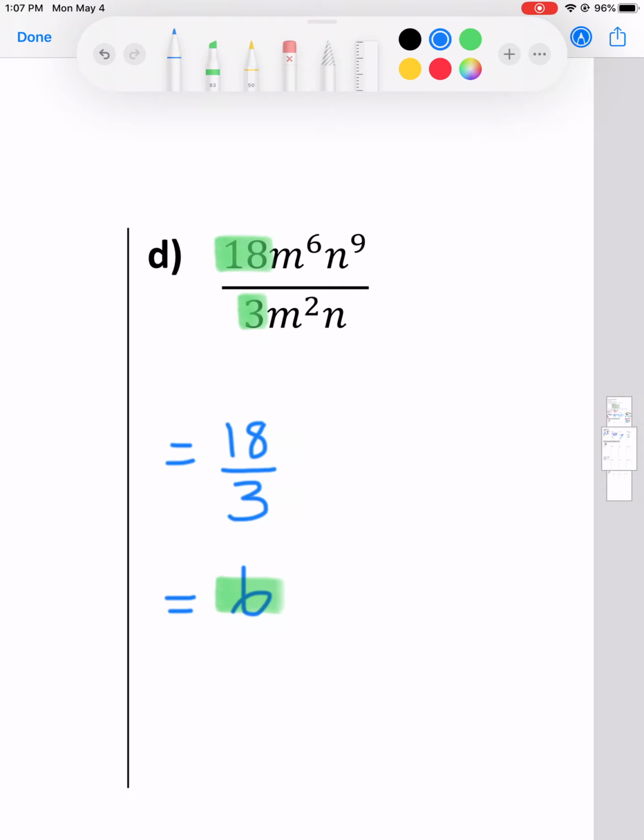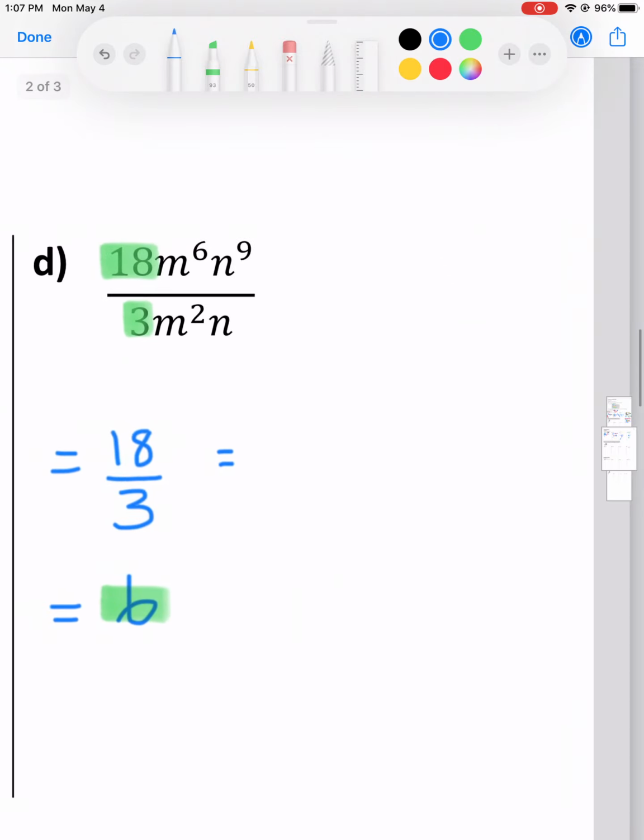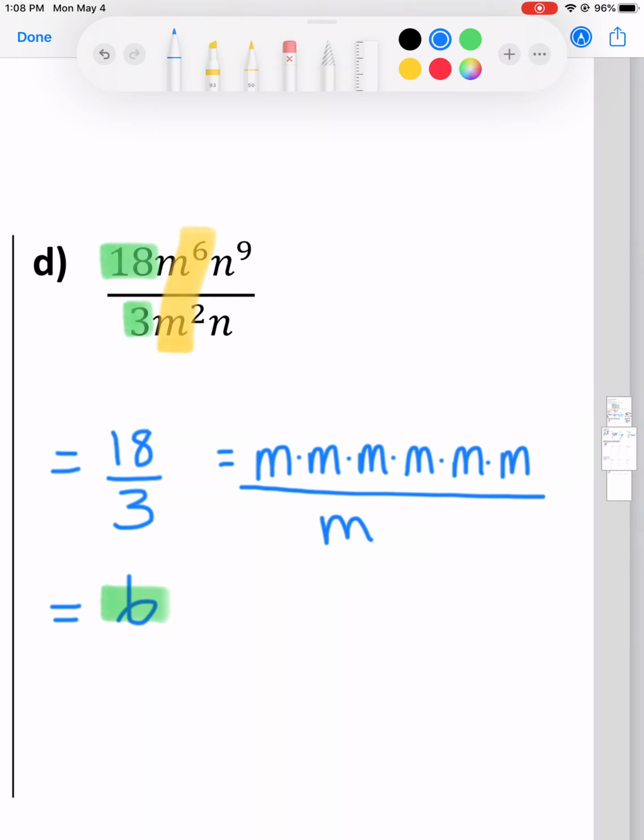Then I'm going to have m to the 6 divided by m squared: 1, 2, 3, 4, 5, 6 divided by 1, 2. I cross out 1, 1, 2, 2. No more to cross out, all the numbers at the bottom are gone. 1, 2, 3, 4. m to the power 4 is my next value.